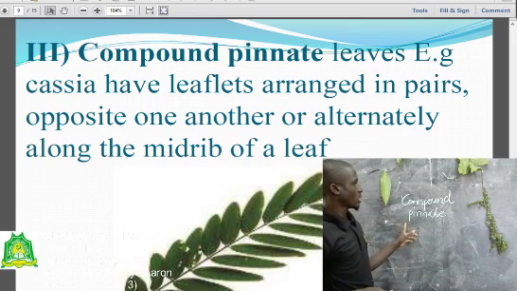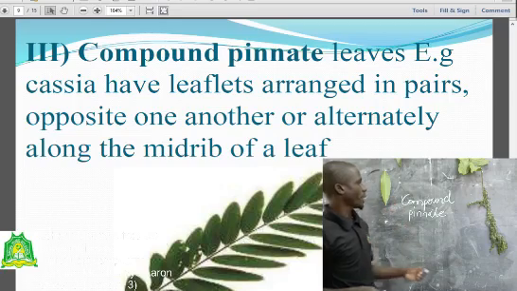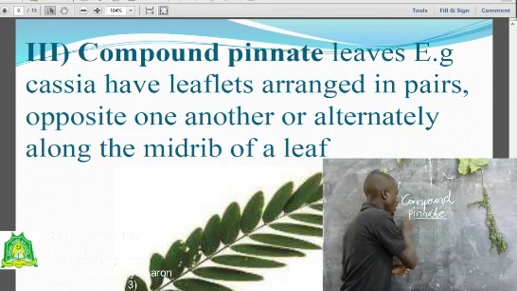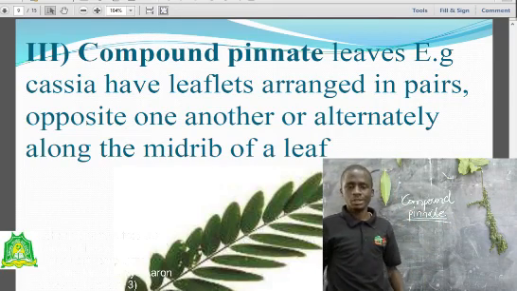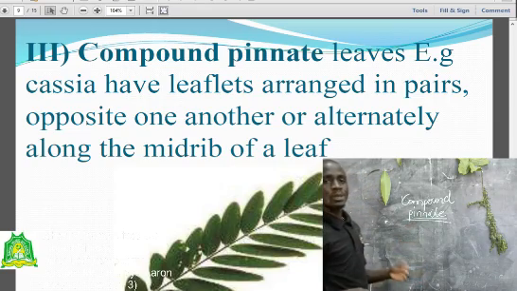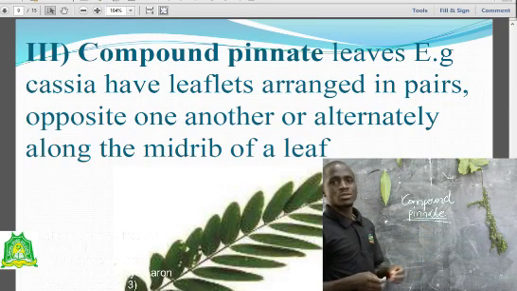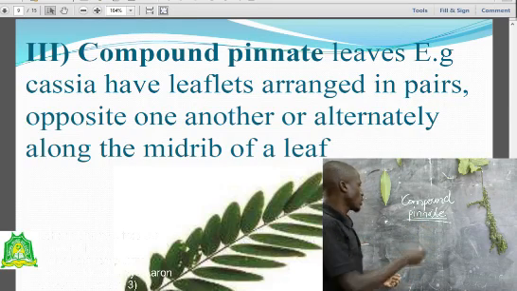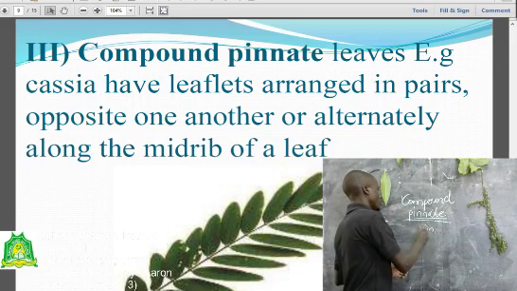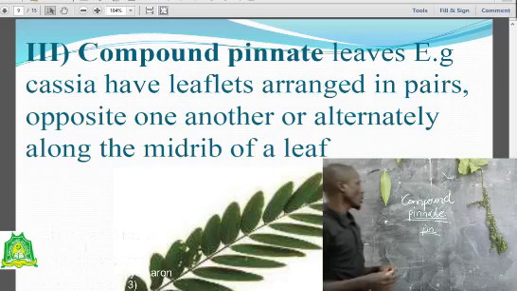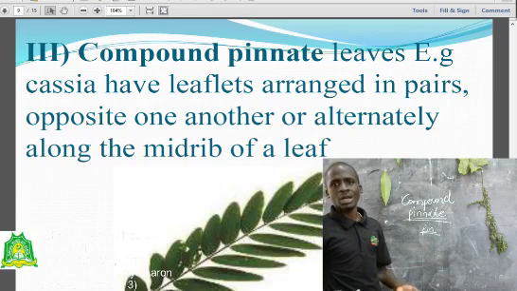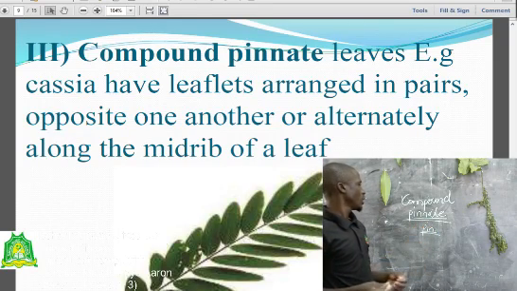But the most important thing is what is called the compound pinnate. Now, the word pinnate is the one very unique here. The word pinnate comes from the word pin or pinna. So it is an extension in simple terms. A pin or pinna.